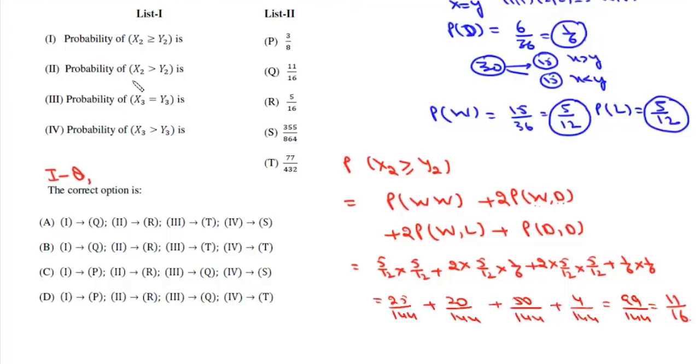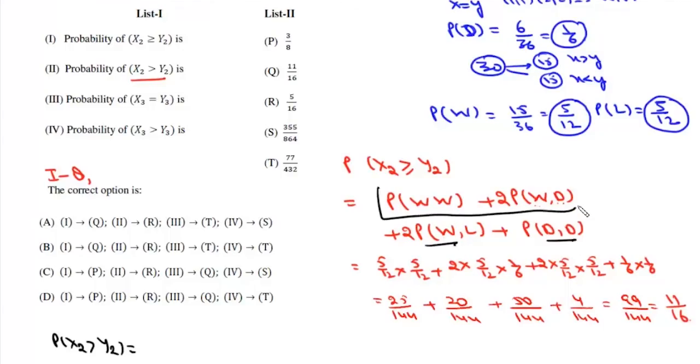Now, second one is probability of X2 greater than Y2. Now, for X2 greater than Y2, we'll take out those cases in which they'll have equal scores. So, we'll take out these two cases.